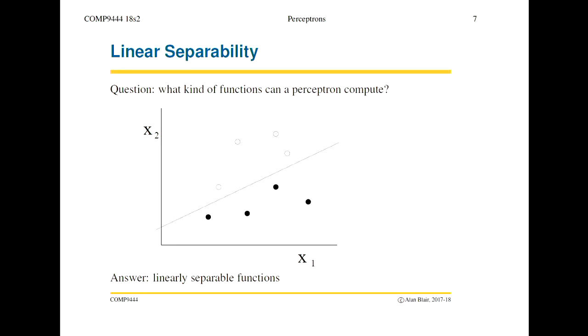But let's think back to Rosenblatt's problem. He had 400 inputs, not 2, right? So you can't take out a 400-dimensional piece of paper and draw a 399-dimensional line.